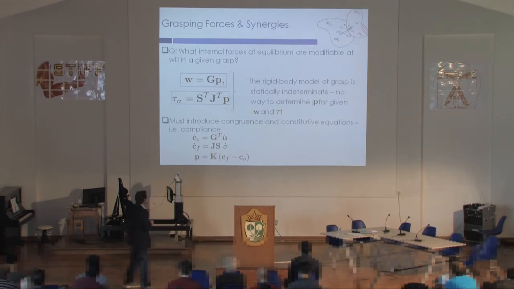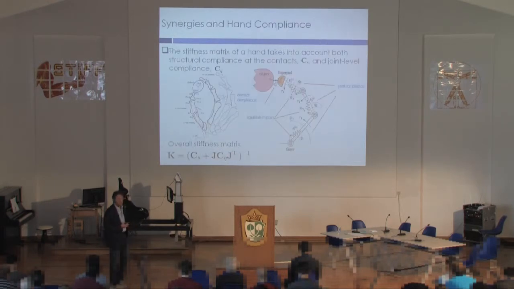So you have to include compliance, how the position of the fingers and the position of the object determine the relative position of fingers and object, determine the contact forces through the hand compliance. Once you've done that, you have to consider what is the hand compliance. Hand compliance is made of 2 parts.